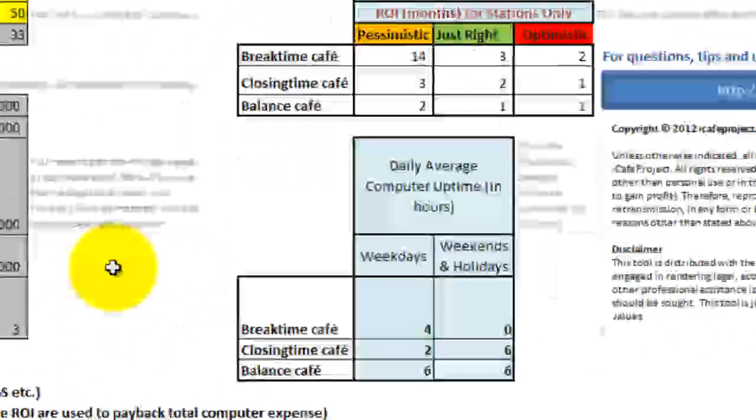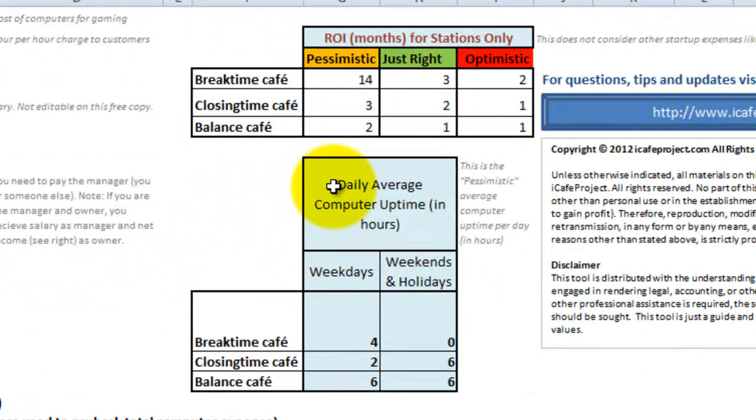For example, if the ROI that this calculator gave is around 2 months, meaning all the income that you'll be generating within 2 months, you need to save that income, that cash, for you to be able to pay back the investment that you put in at the start of the business.